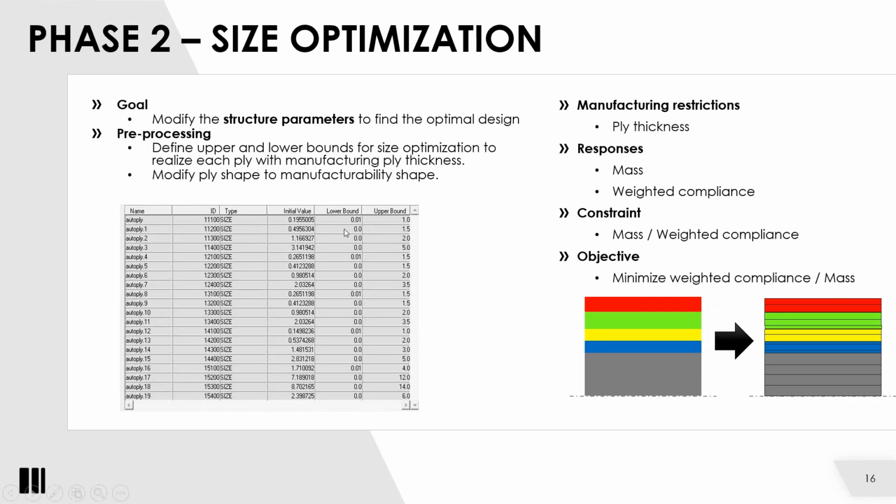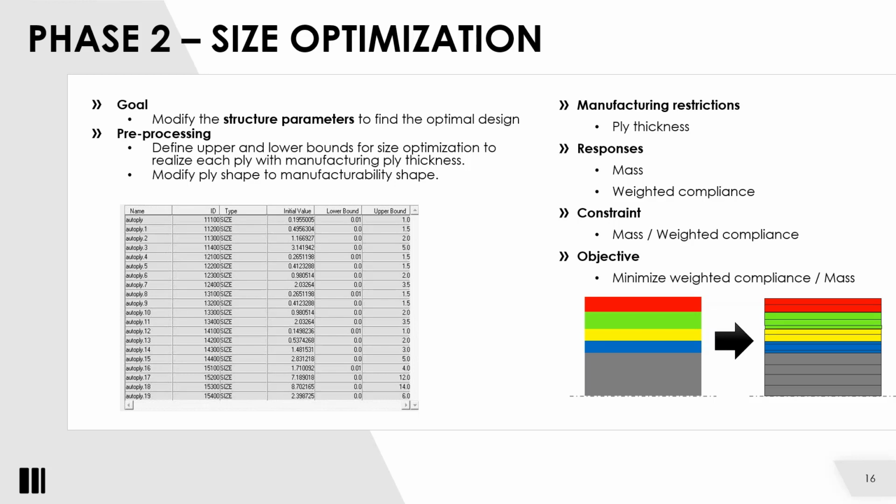And what we do is we set up a lower bound and an upper bound, and the upper bound is always a multiple of the layer thickness we have. And what you get is basically a sliced version of this. So here you have your 0 degree, your 90 degree layers, your 45 and minus 45 layers, and then it slices them, for example, into 2, 3, or 4 layers each.